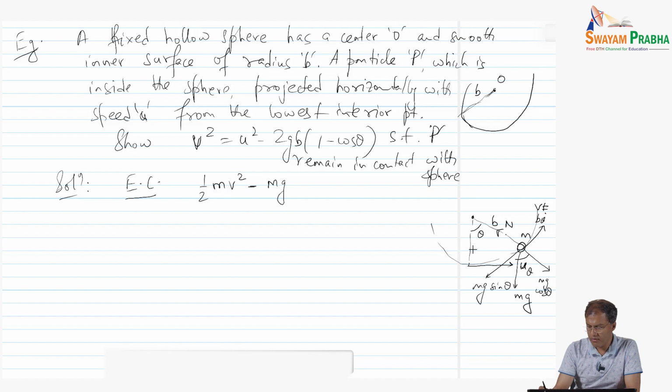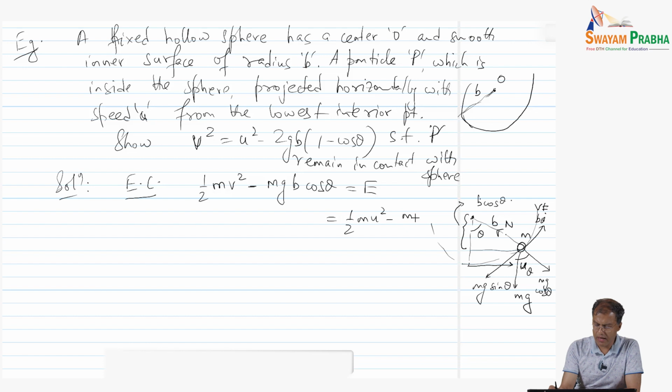So we have this distance b, or this is also distance b. So b cos theta is this distance that we are drawing. So mgb cos theta is the potential energy at any given point subtending an angle theta, and this is also equal to the total energy, which can be calculated at the value initially. This is going to be half mu square minus mgb.